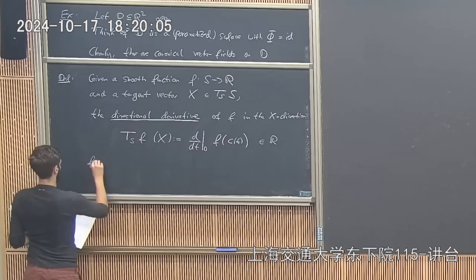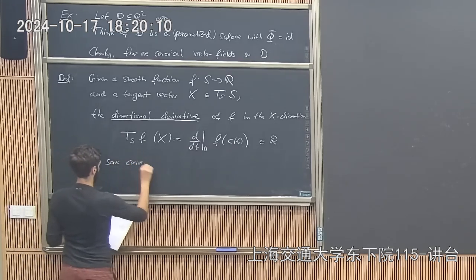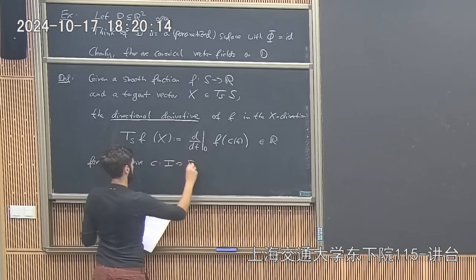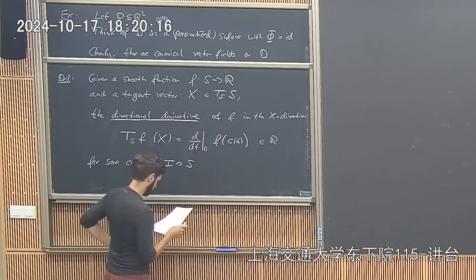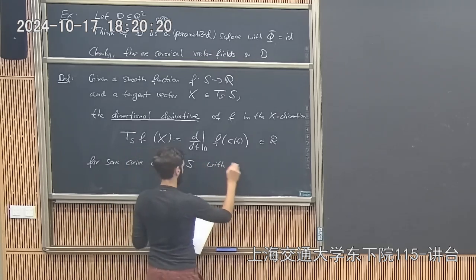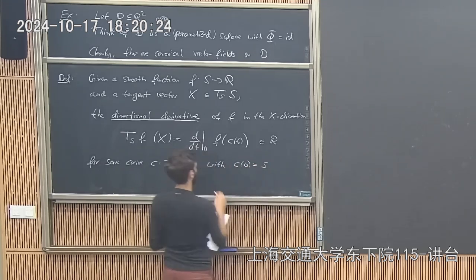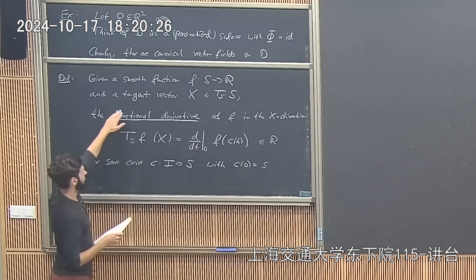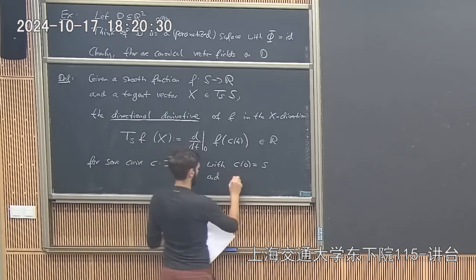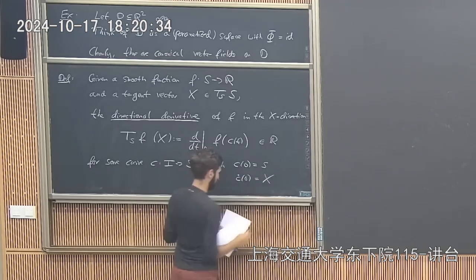Namely, it's for some curve c in S, with c(0) being the point where we take the tangent vector at, and c dot at 0 should be our tangent vector.